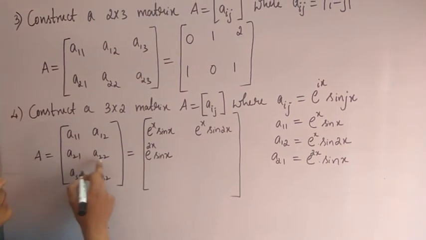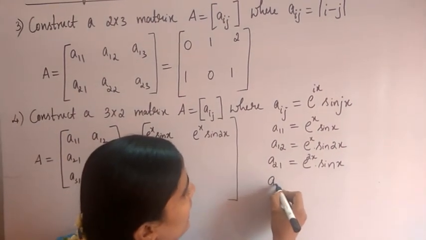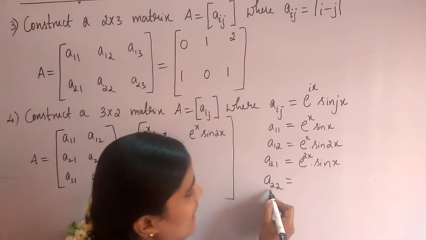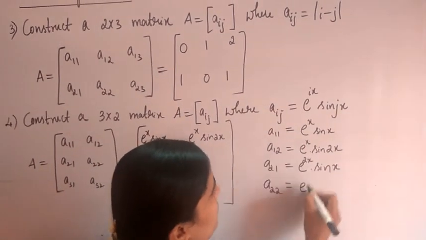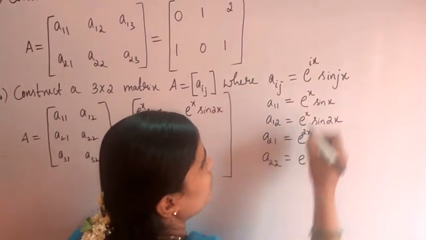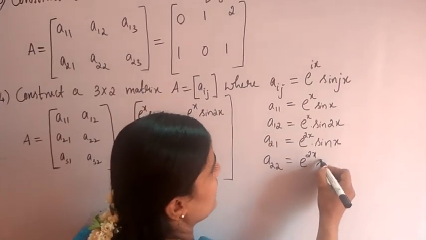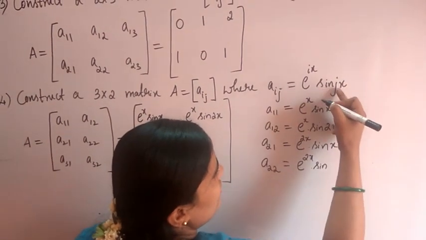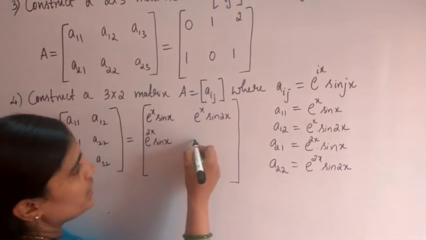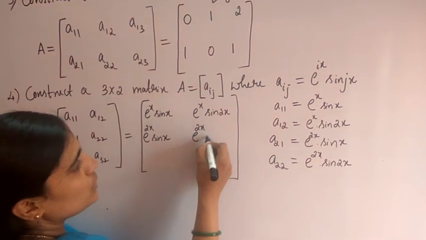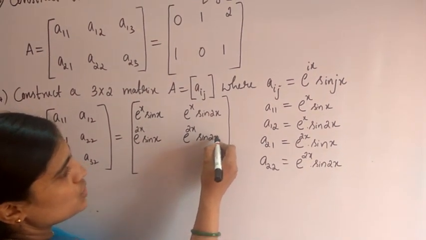Okay. So second row, second element is A22. So here i value 2, j value 2. So if we substitute, we get e power i value 2, 2 into x, 2x into sin j value 2, 2 into x, sin 2x. So here we get e power 2x sin 2x.